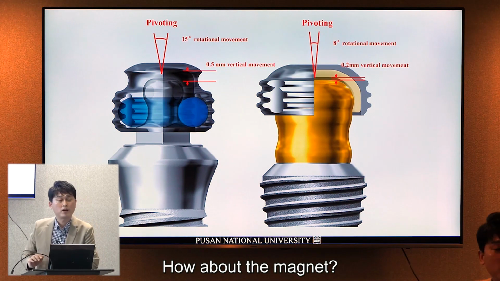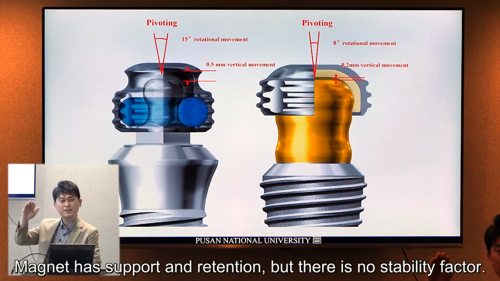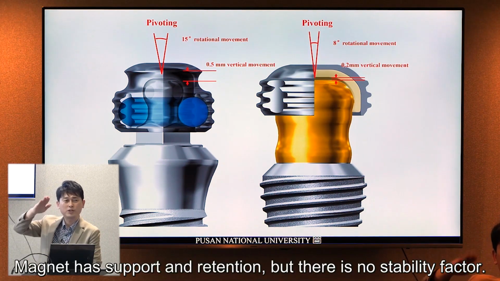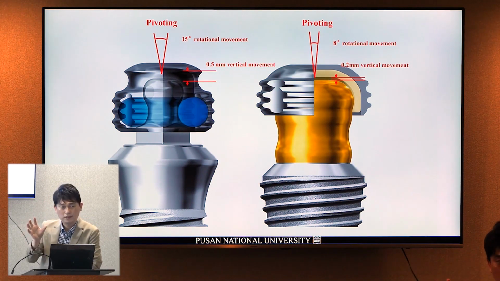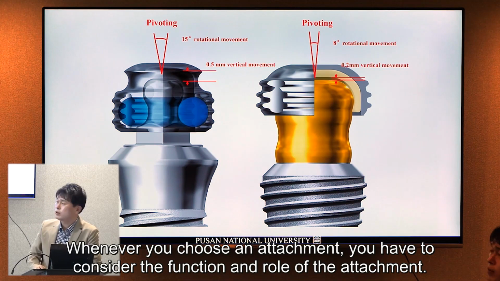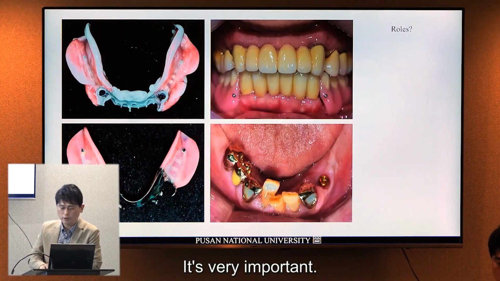How about the magnet? The magnet has support and retention, but there is no stability factor. Understand? So whenever you choose an attachment, you have to consider the function and role of the attachment. It's very important.